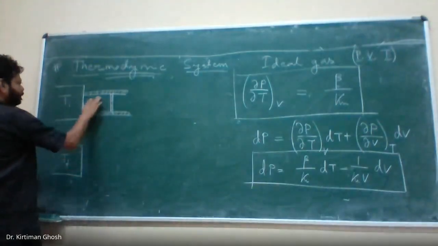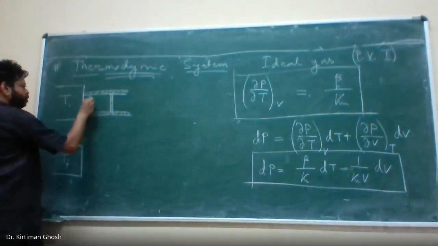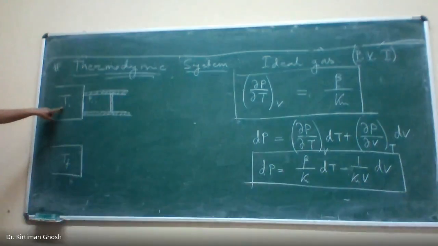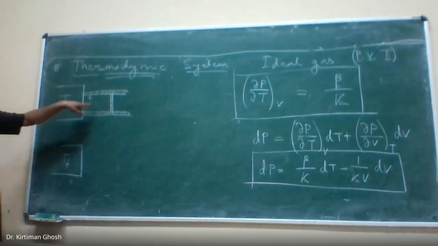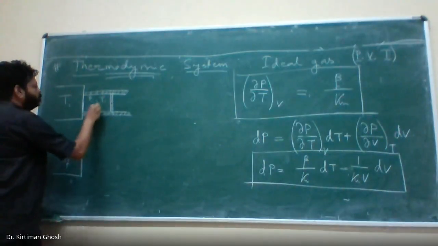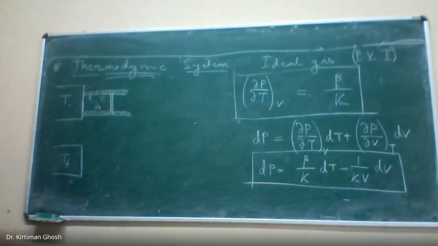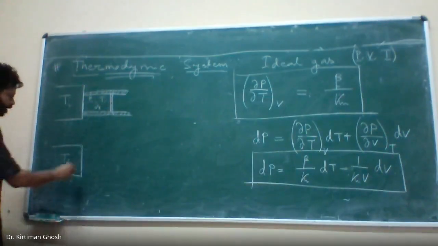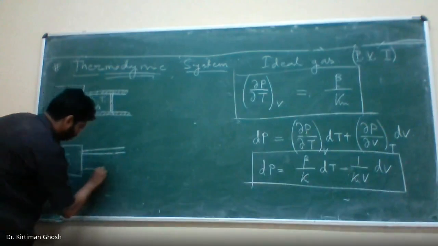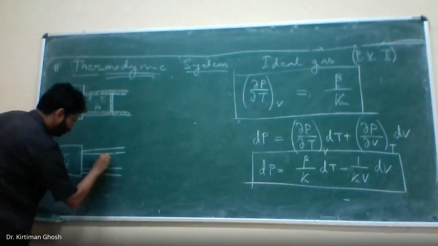So the state of the system can be written as initial pressure Pi. If we wait a sufficiently long time, the system will thermally equilibrate with this reservoir. So the temperature of the system will be Ti, and the volume is some fixed volume Vc. This is the state of the system. Now if I remove the system from here and put the same system here, the volume is fixed.